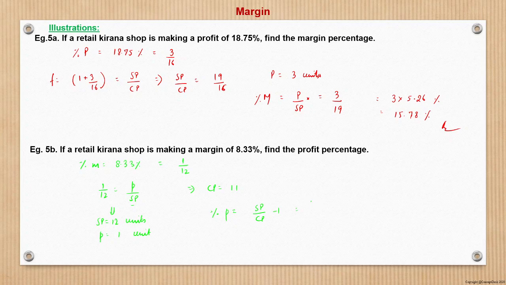SP is 12 units, CP is 11, so this is basically 1 by 11, which is 9.09 percent, right? So very straightforward. We simply should know that margin is over a denominator of SP and percentage profit is over a denominator of CP. That's it.